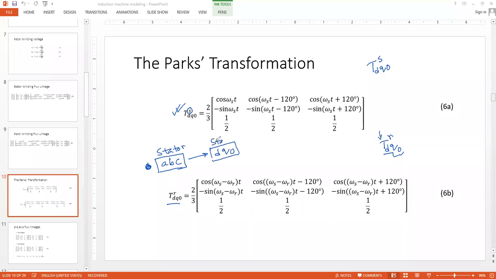And for this one at the bottom, we are going to have capital ABC, and that is actually the rotor quantities. From there on, we are going to reach also the DQ0. So this DQ0 and this DQ0 are the common frame, but the stator abc and the rotor ABC are different frames, different three-phase quantities. So this is also the rotor, but now in the DQ0 frame.